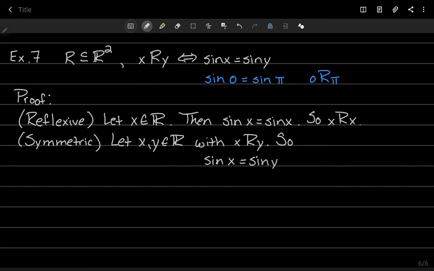That's just what this particular relation says. It means to be related. Well, that's the same thing as sine of y equals sine of x, which is the same thing as saying y is related to x. We like equal signs because you can just switch the two sides. We like plus signs and multiplication because you can just switch, okay? And that makes symmetric easier.